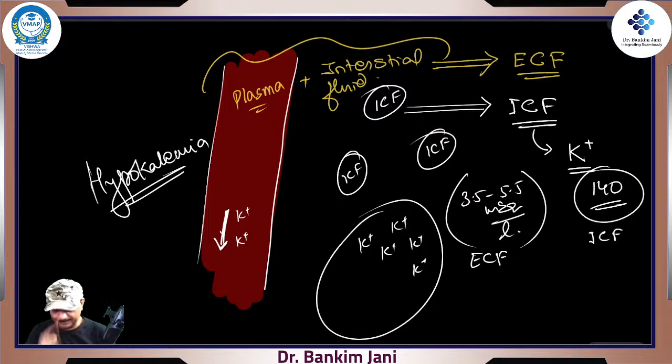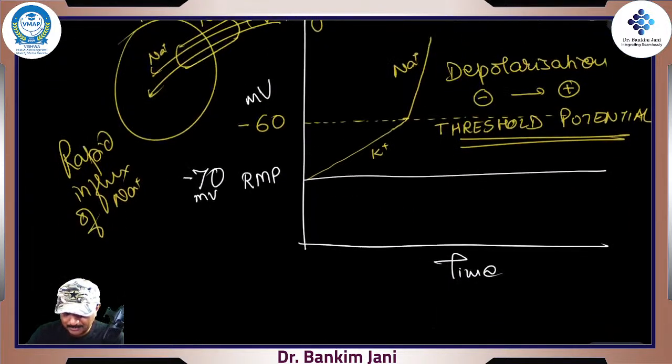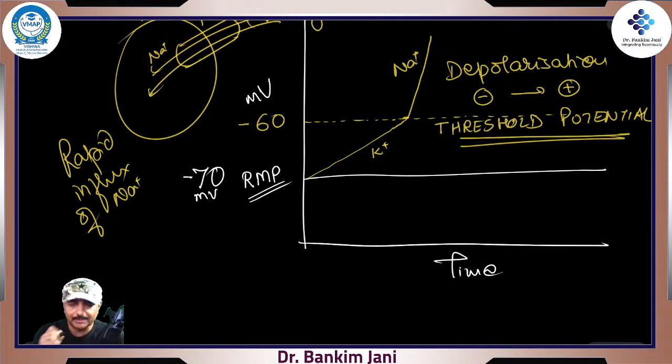So what would happen in this case? Yes, it will go outside the cell, agreed. But what can really happen when there is hypokalemia? What can really happen to this resting membrane potential? Because now there is less potassium outside as compared to normal, and there is more potassium, or even the normal potassium, inside.